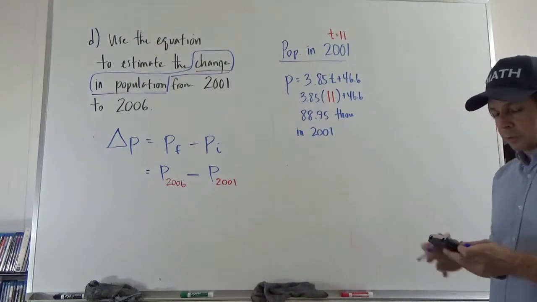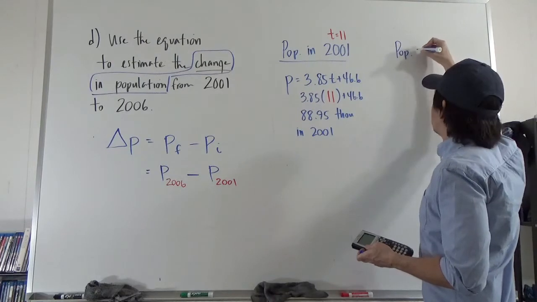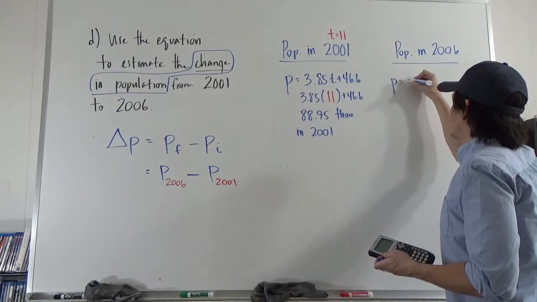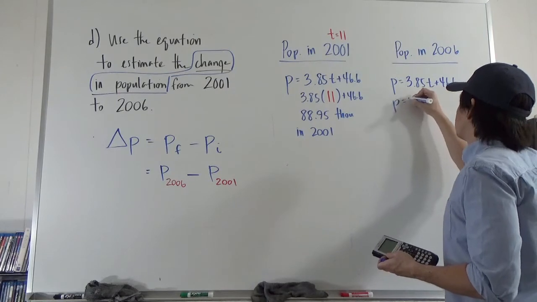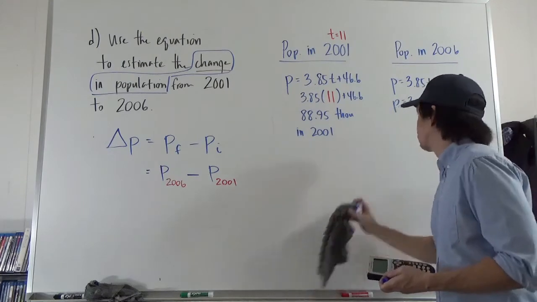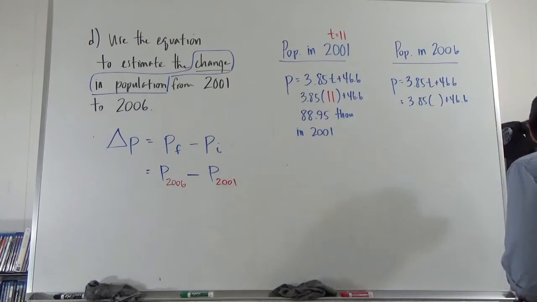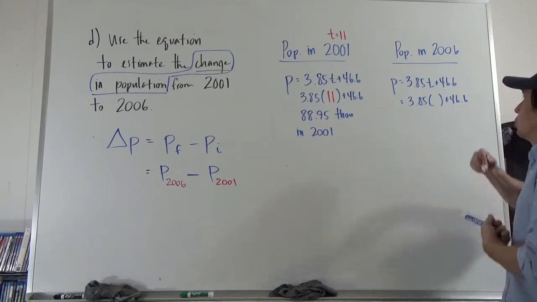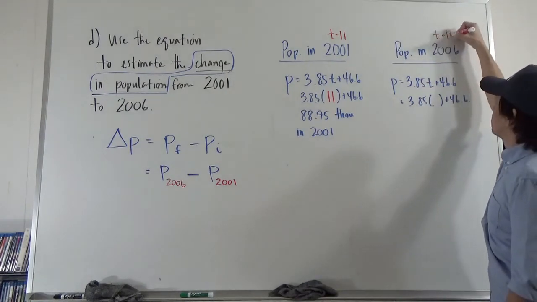You don't need to be as wordy with this as I am. This is more for your notes. I'm also going to need the population in 2006. Okay, what t-value am I plugging in for that? 2006, my reference year is 1990, so that's 16 years since 1990.